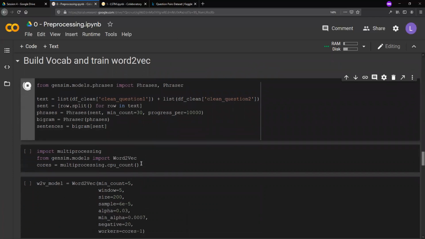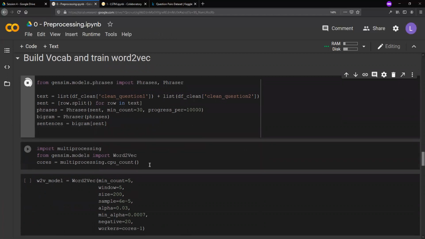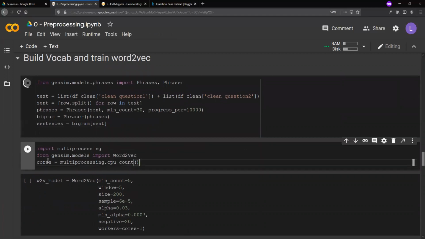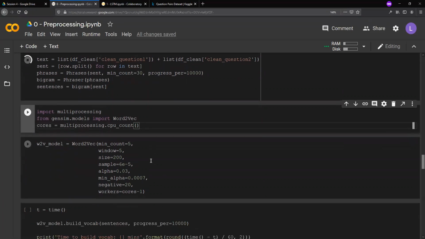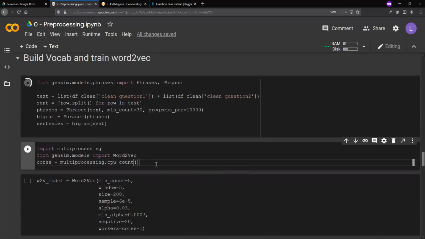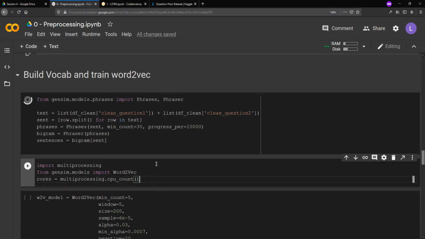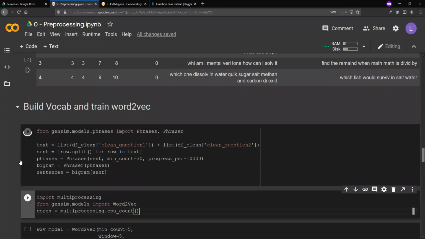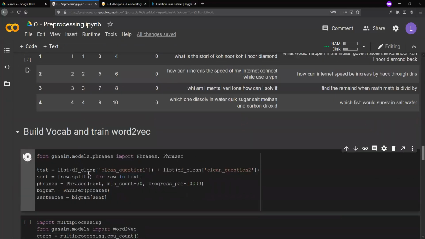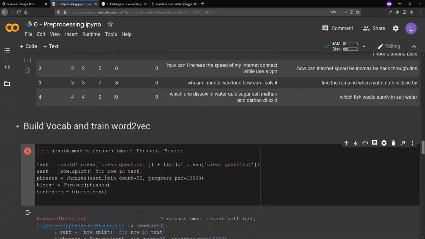We're going to use word2vec to generate our vocabulary and initially train our word embedding using word2vec. So let me actually stop that as well.